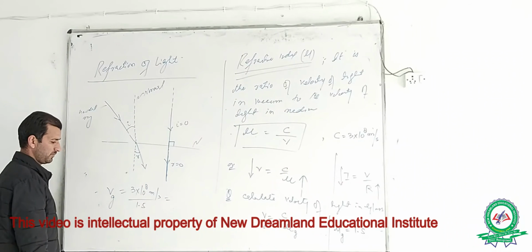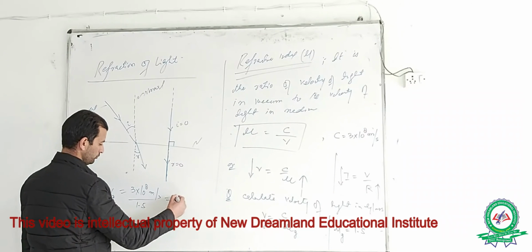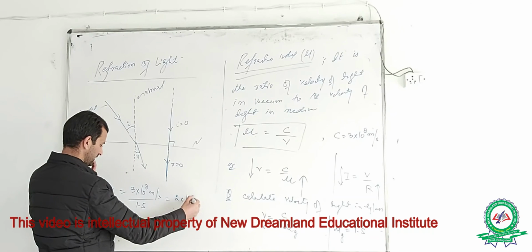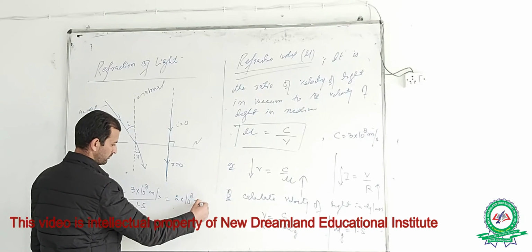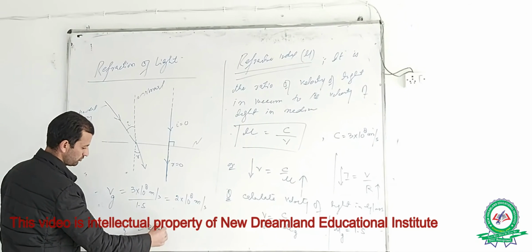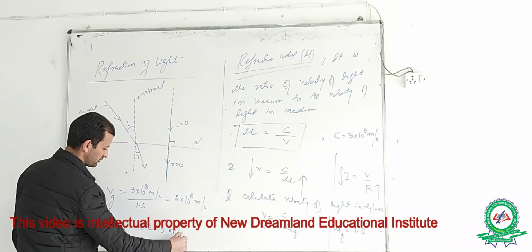So 3 divided by 1.5 is 2 into 10 raised to power 8 meter per second. And this is Vg, the velocity of light in glass.